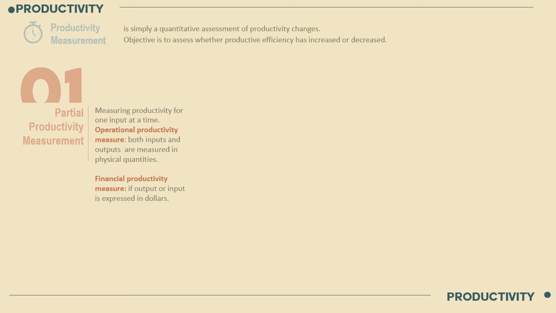Measuring productivity for one input at a time, and its operational productivity measure includes both inputs and outputs measured in physical quantities, and as for its financial productivity measures, if output or inputs is expressed in dollars. And the formula for partial productivity measurement is output over inputs, which is also the productivity ratio.